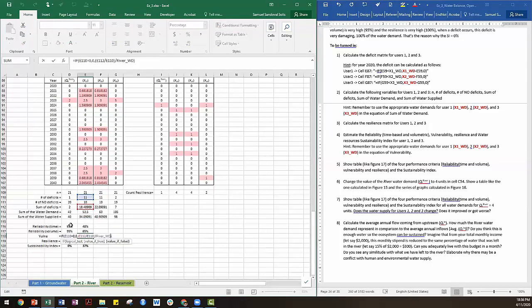The vulnerability, in this case, this one has to be divided by x1. The resilience is okay. This will have to be divided by x2, and this will have to be divided by x3. The rest we can just copy and paste.